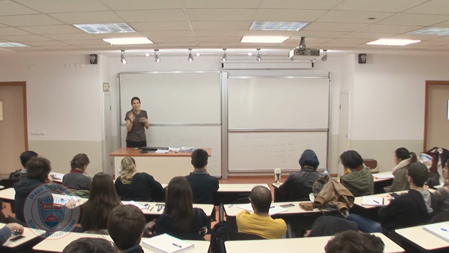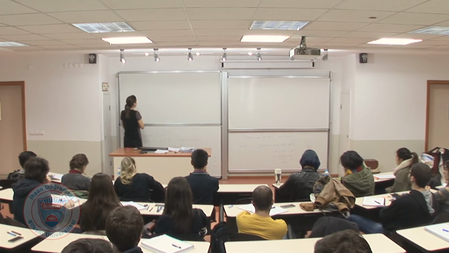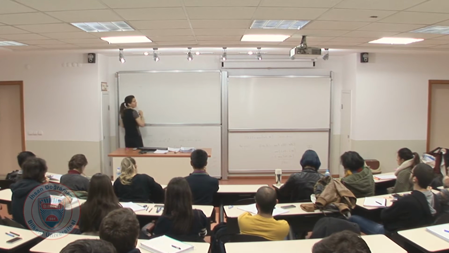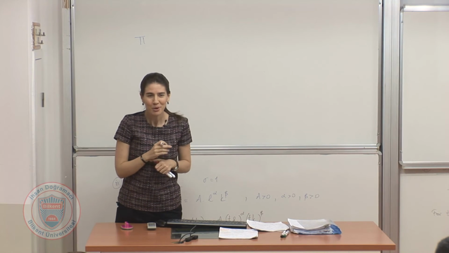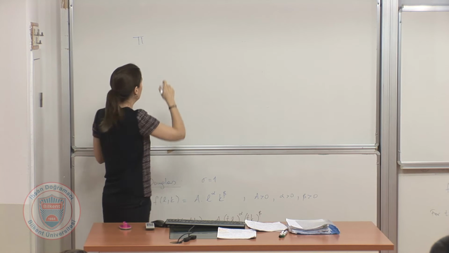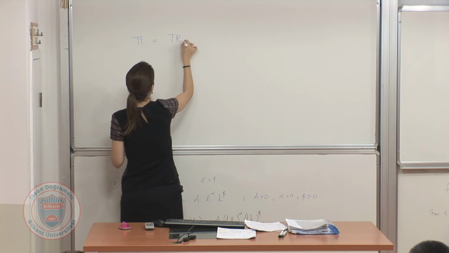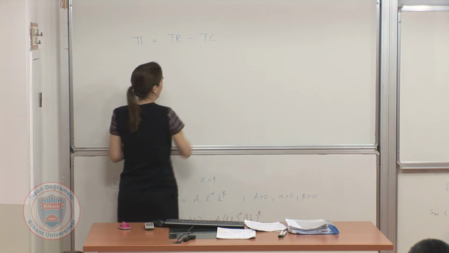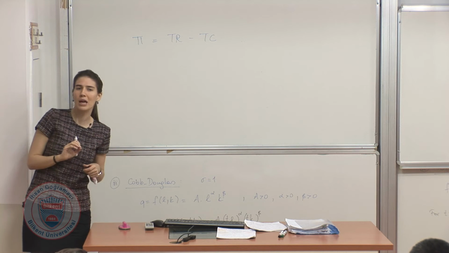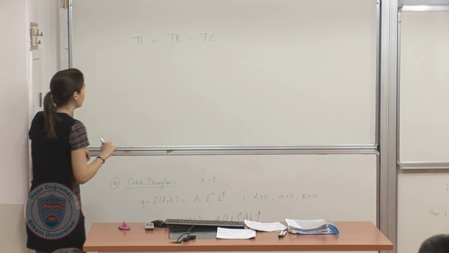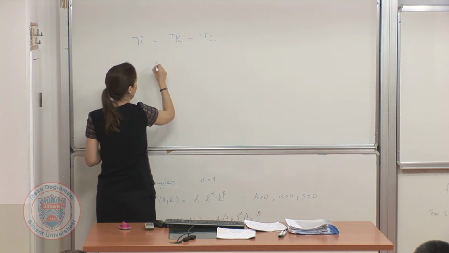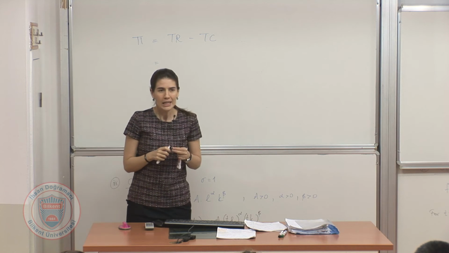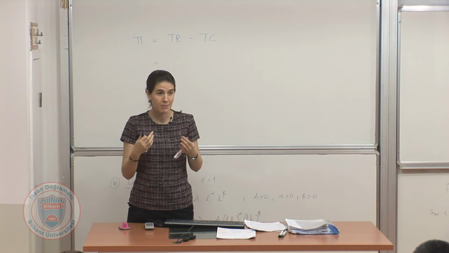But what is profit? Let's have a look at that. Profit is total revenue minus total cost, right? Suppose I only have two inputs. What is my total revenue? Price times quantity.